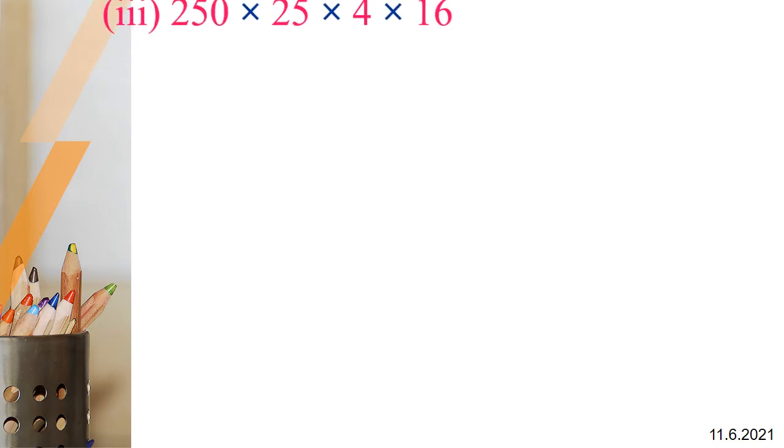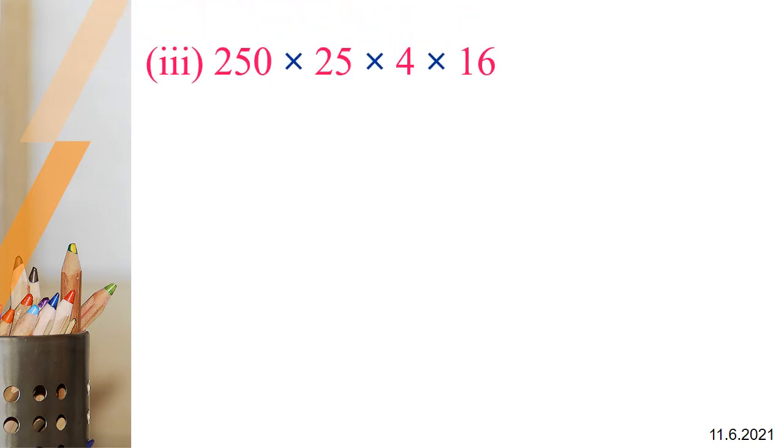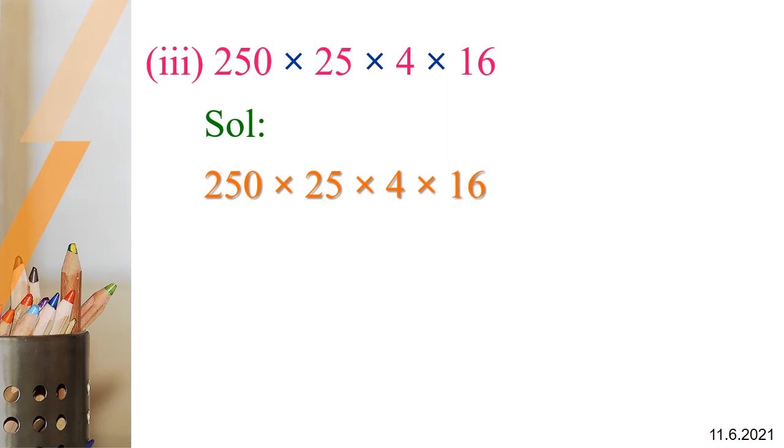Next problem, 250 × 25 × 4 × 16. Here we have to rearrange the numbers so that the product of numbers becomes 100, 10,000 like this.